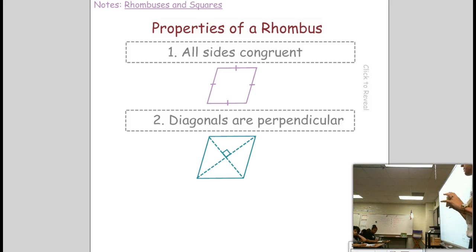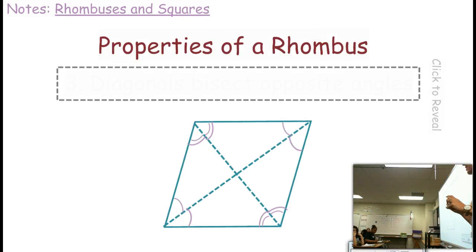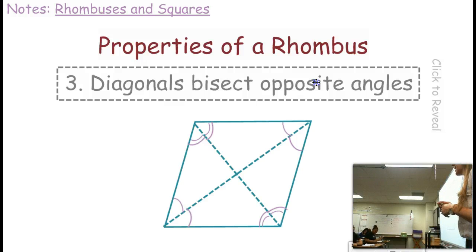So let's find out what that last property of a rhombus is going to be. What am I showing there? Nope, we already know opposite angles are congruent. That's old news. This has to be new. What are those dotted lines doing to those angles? Bisecting. The diagonals bisect the angles.